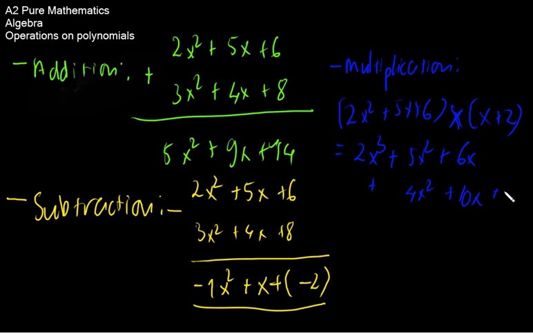And 6 times 2, that's 12. So your final product is 2x to the power 3 plus 9x squared plus 16x plus 12. So that's basically how you do a multiplication.